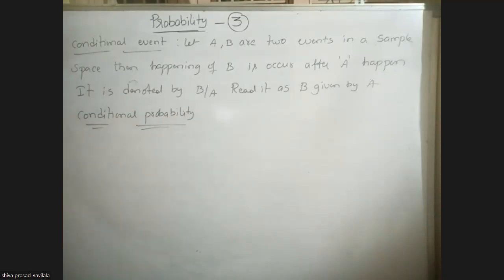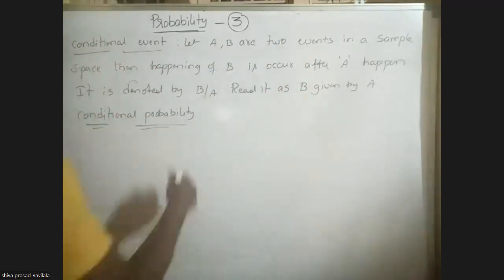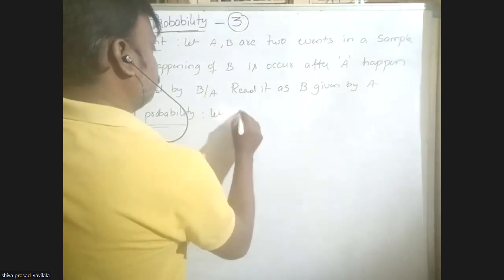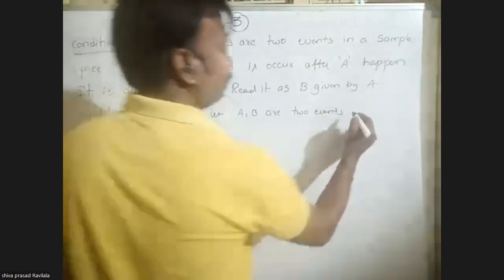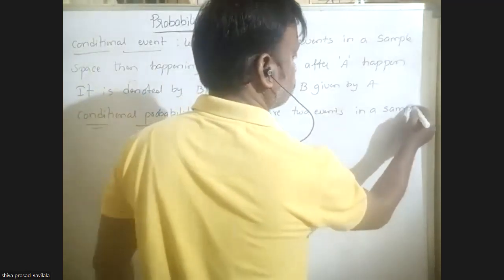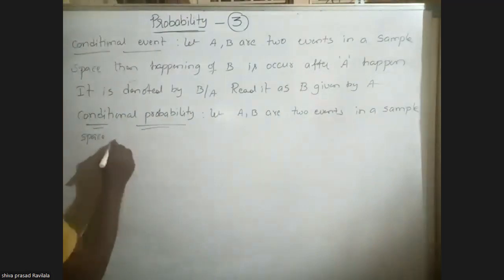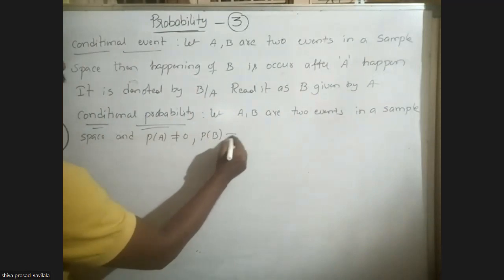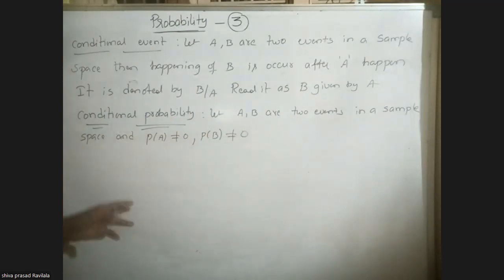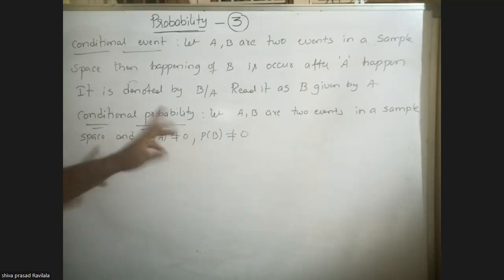Let capital A, B be two events in a sample space, and P of A and P of B are not equal to 0. Since one of them appears as a denominator in the condition, that's why probability of A is not equal to 0 and probability of B is not equal to 0. Then the probability of occurrence of B.